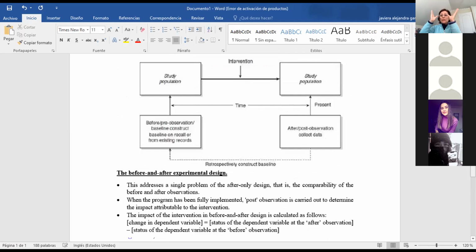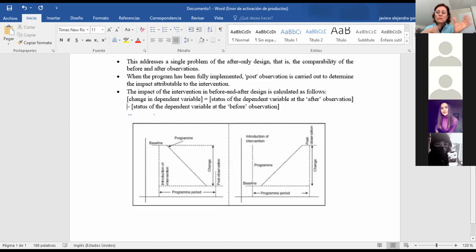And as we saw in the drawing, whenever you just enter data in a program, the program already gives you the result, which is the effect of your intervention in the post-test. That's done by a program.